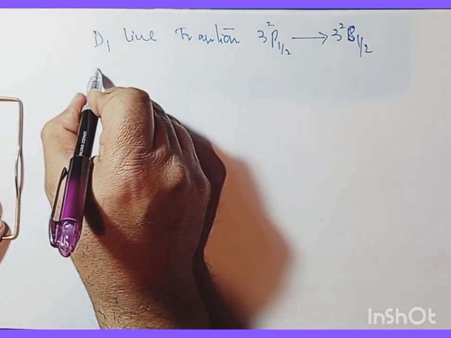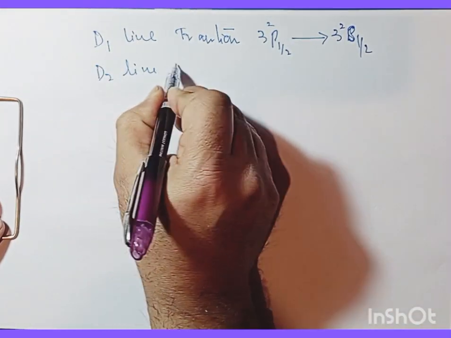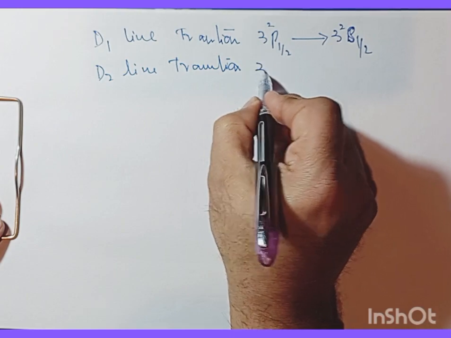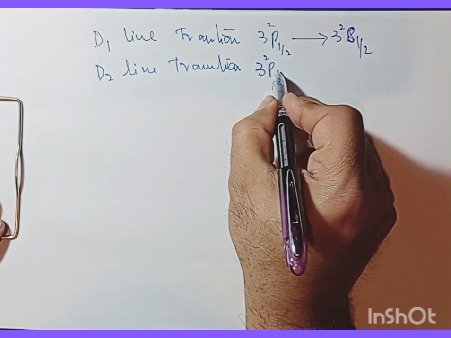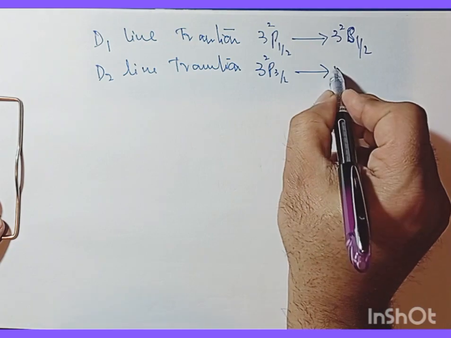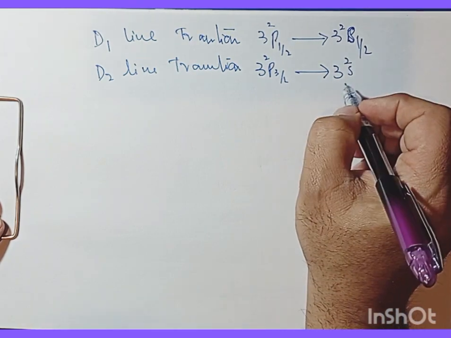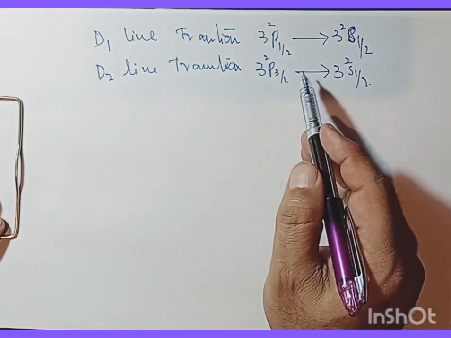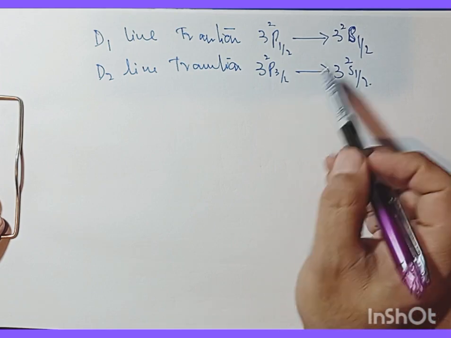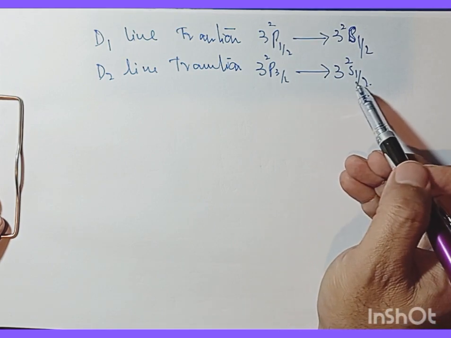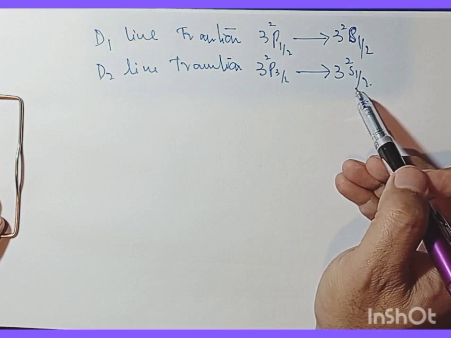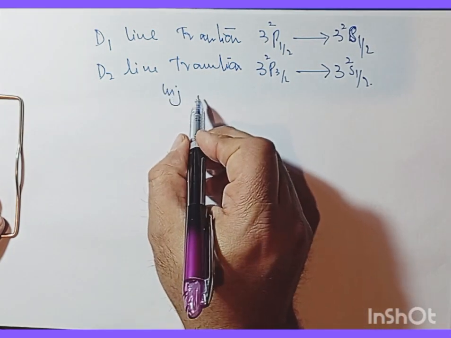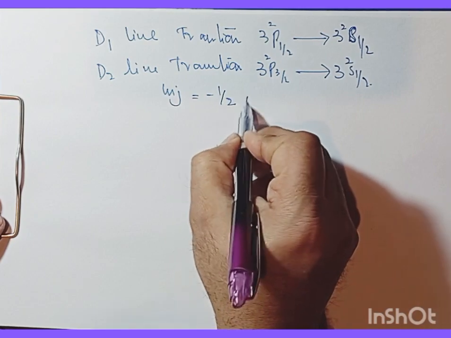We have another line called the D2 line, and this line has a transition from 3p 3 by 2 to 3s 1 by 2. Now, on applying the external magnetic field, the S 1 by 2 state splits into two substates, corresponding to m_J equal to minus 1 by 2 and plus 1 by 2.